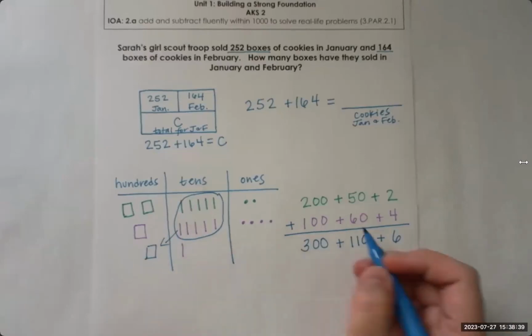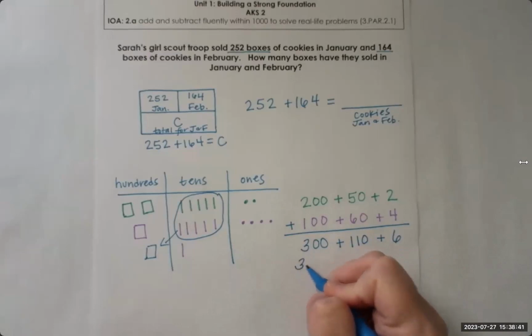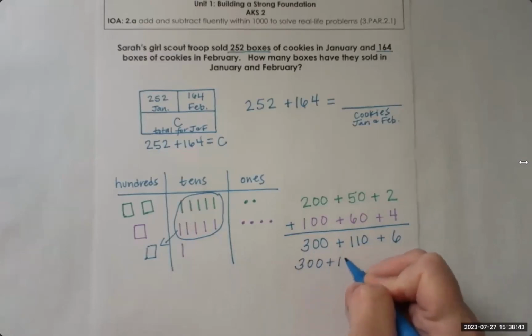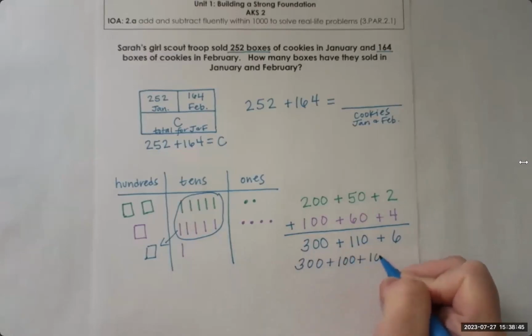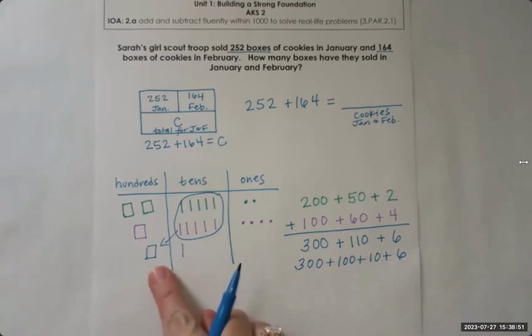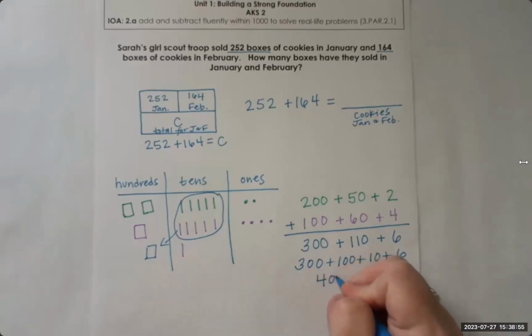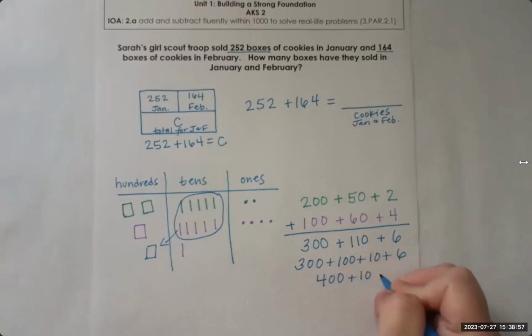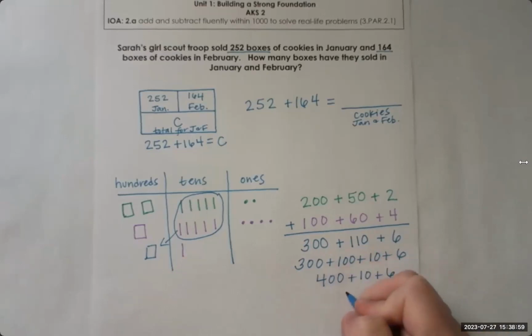So I can rewrite this as 300 plus 100 plus 10 plus 6, because that 100 plus 10 is that 100 and that 10. And then I have 400 plus 10 plus 6 for a total of 416.